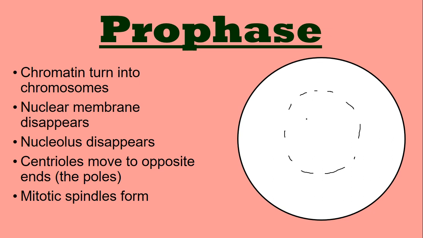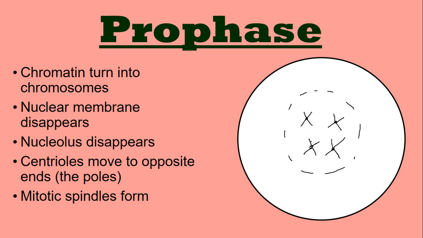We're just going to have this cell have 4 chromosomes. Do you know how many chromosomes are in a human body cell? There are 46 chromosomes in a human body cell. So you would have 46 of them right here, but we're not going to draw all 46.